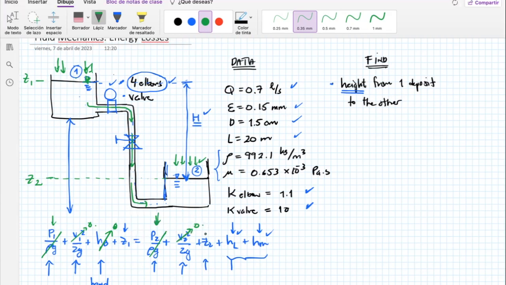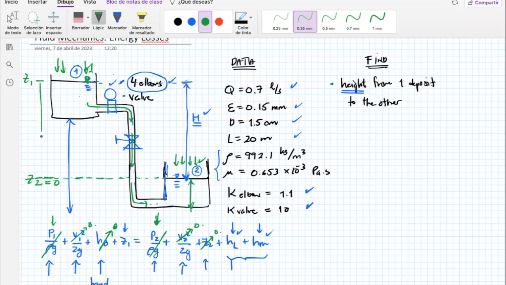Therefore, Z2 equals 0. You can argue that we have this depth of water within the tank, but I don't care about that depth. I just care about this level here, and this is my reference. I'm going to call it 0. I don't actually know if this is 0, but for me this is my floor, my bottom, my reference, my 0.